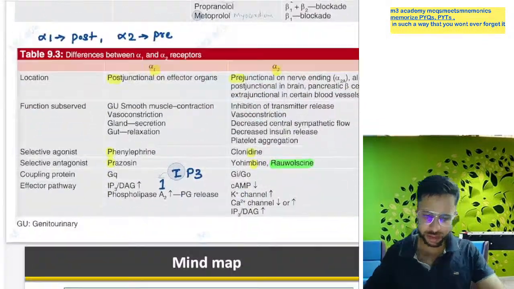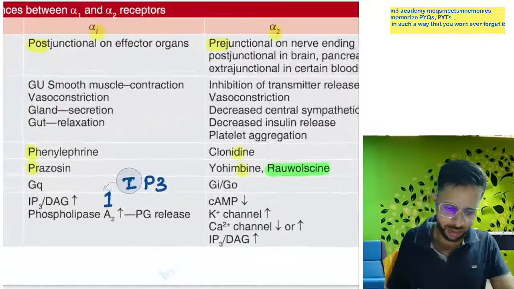Now next is the alpha 1 and alpha 2 receptor. Alpha 1 is post junctional.